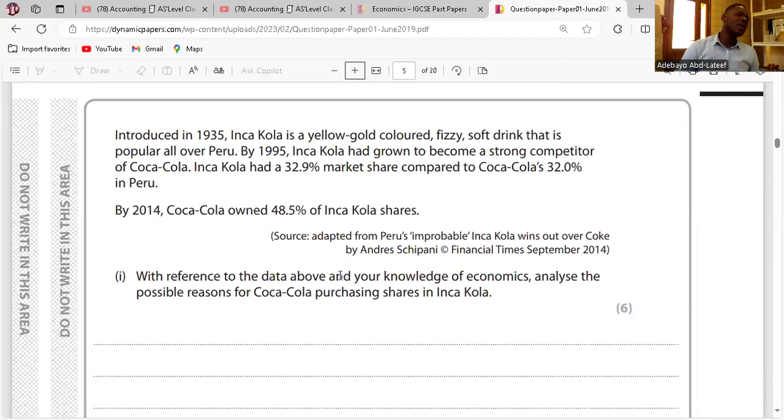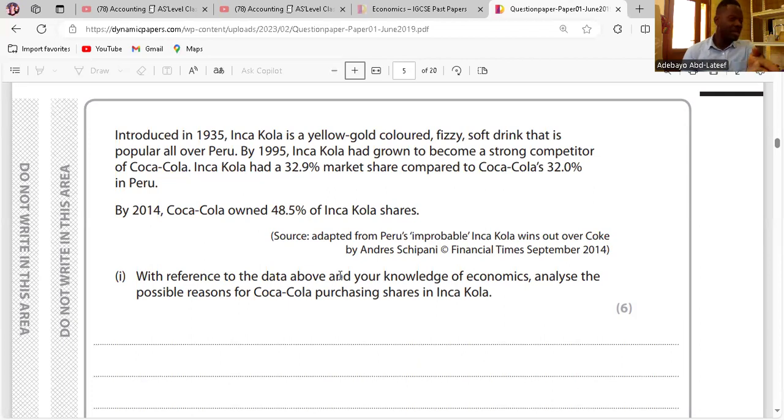So, based on the case study, Inca Cola and Coca-Cola are competitors. The first thing we need to talk about is competition itself. Competition is a rivalry that exists between firms within the same industry, which we have Coca-Cola and Inca Cola as an example. So what are the possible reasons why Coca-Cola might buy the shares of Inca Cola?